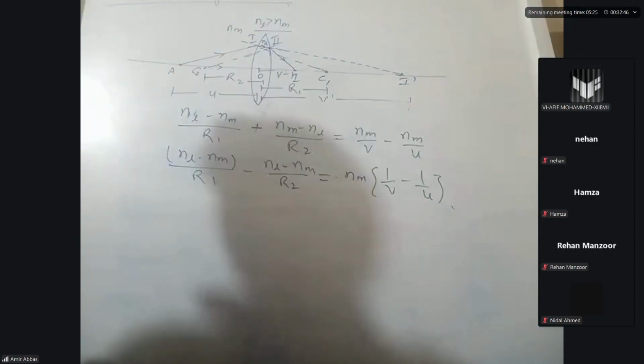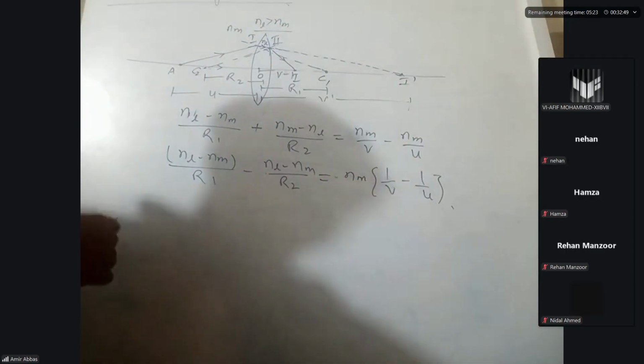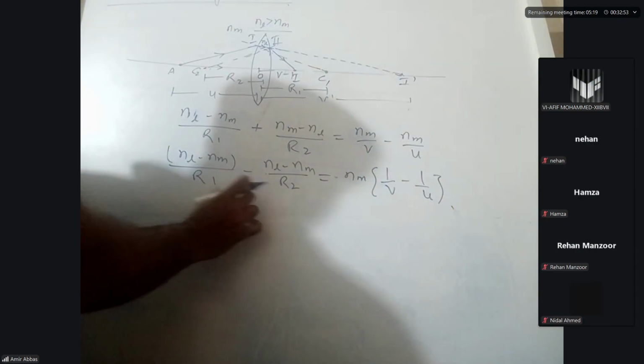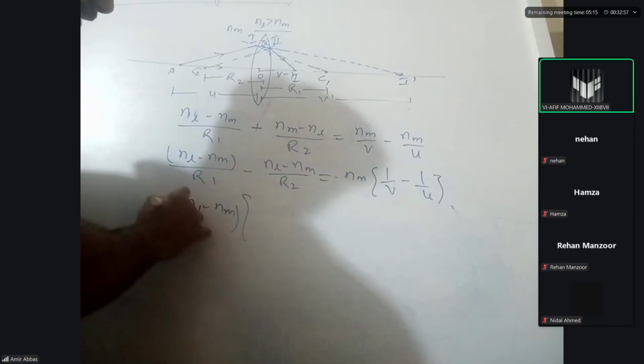Now, if we take NL minus NM common from these two, what will remain inside?